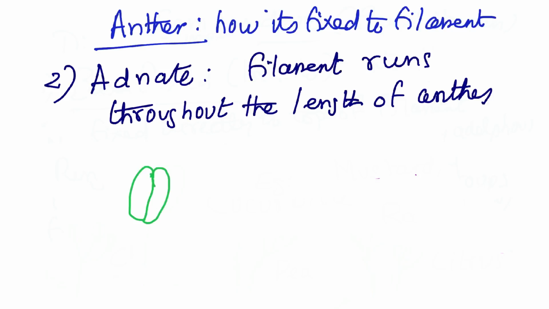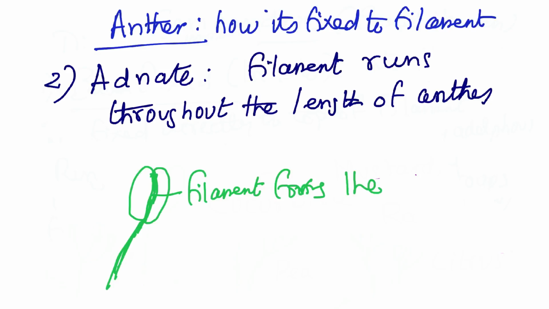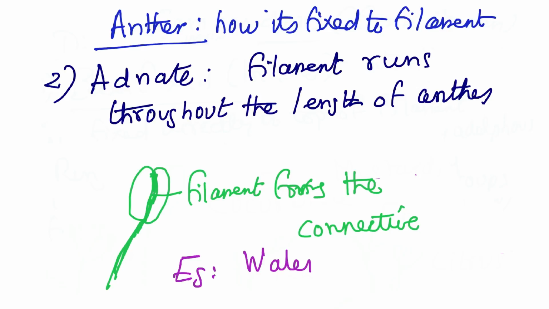So here between the lobes there is a particular tissue and the filament is running over it. That's the key point. So the filament forms the connective or parts of the connective tissue. And a very important example is water lily.